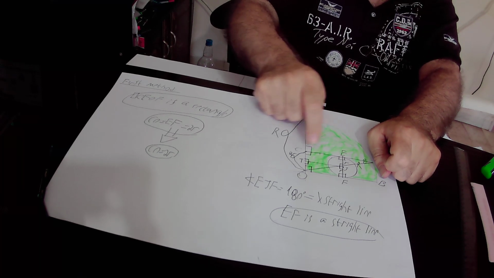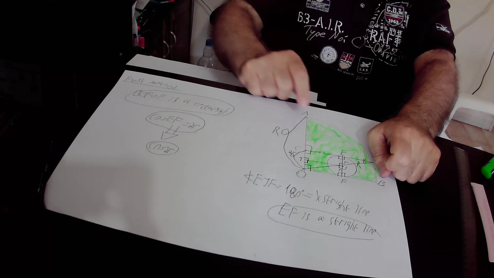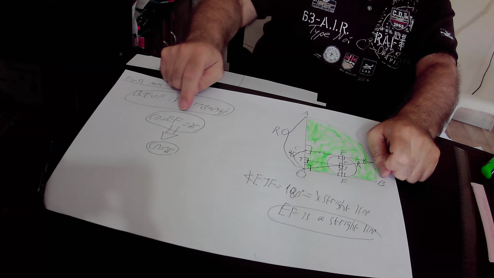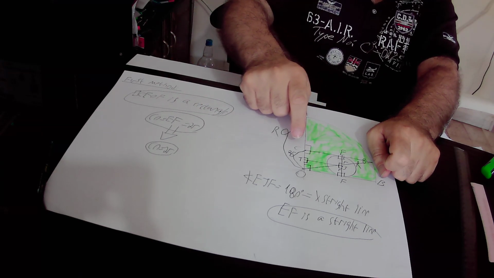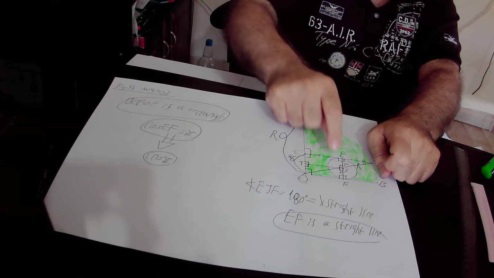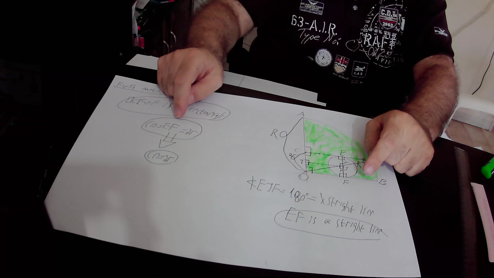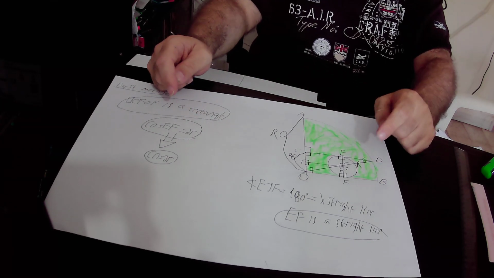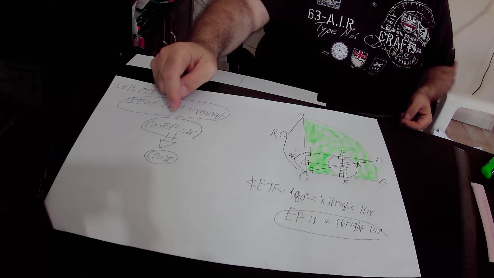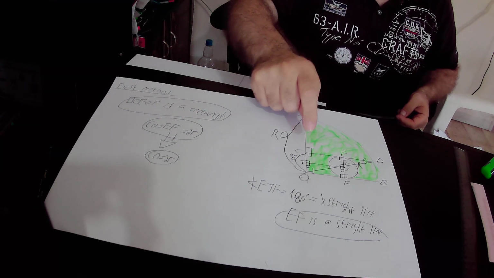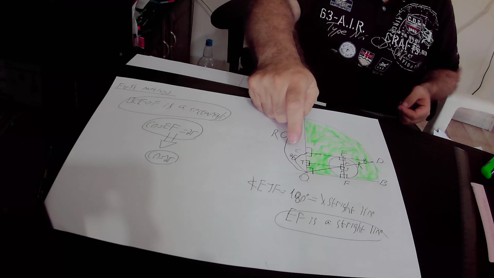That is to say, CO equals EF. But we have already found out that EF equals R plus R, that is 2R. So from this equation, CO equals EF equals 2R, we derive that CO equals 2R.